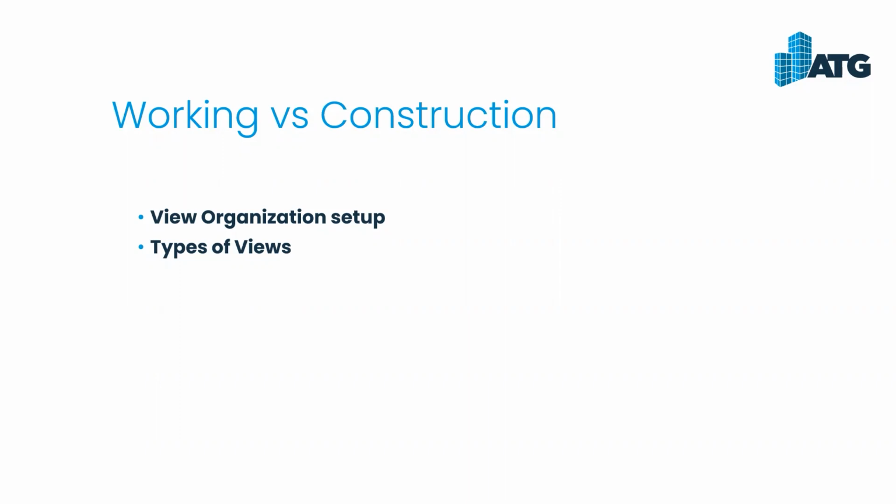And when you create these types of views, you want to make sure that you're using the view classification, so that you're specifying a working or construction view or one of the other types as well.